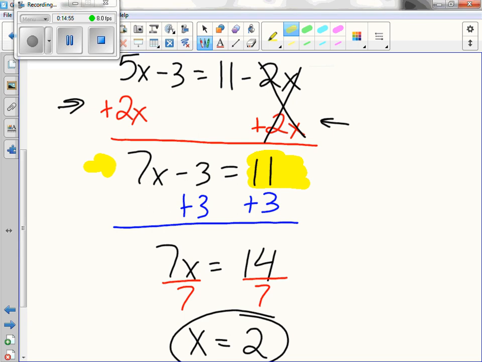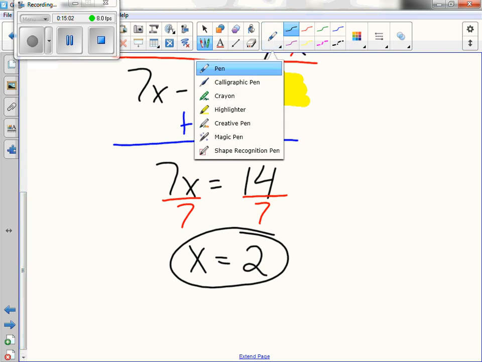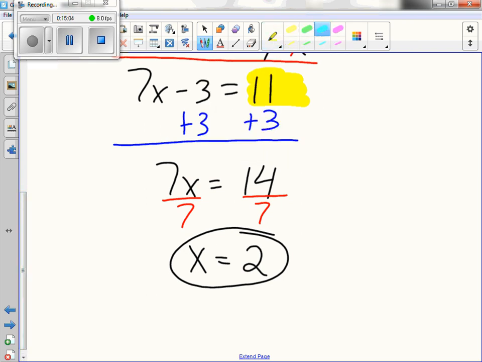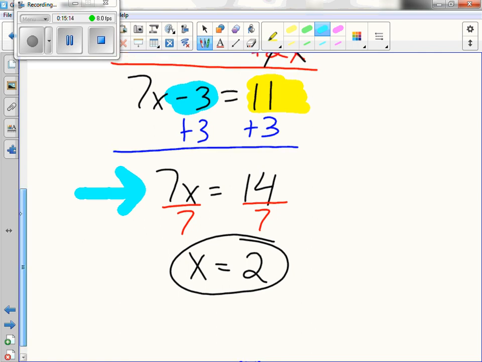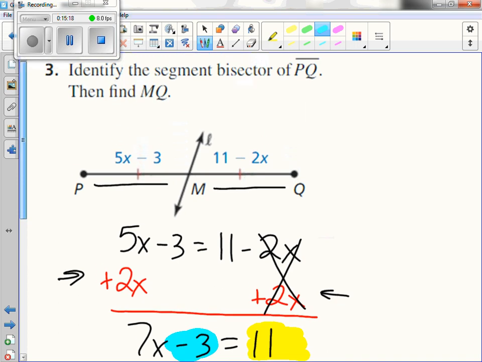And then the next thing we did was try to get x by itself. So we got rid of the minus 3 by adding 3 to both sides, which gave us 7x equals 14. We divided both sides by 7, and we finally got that x is equal to 2.